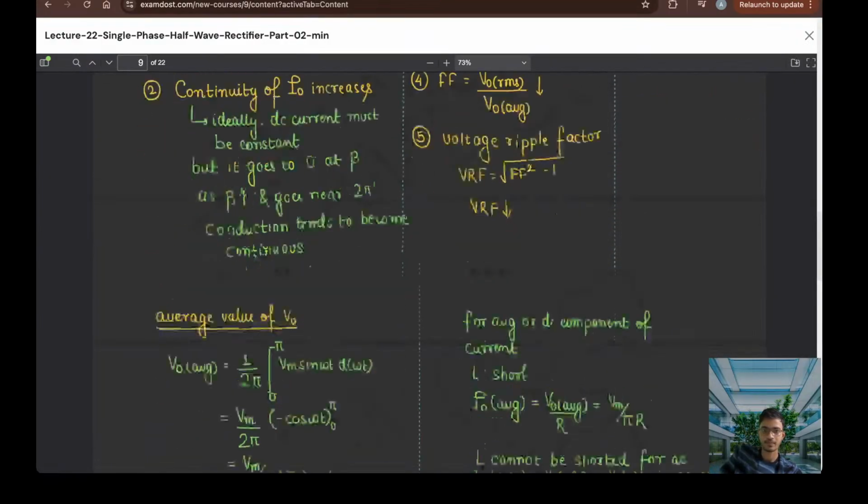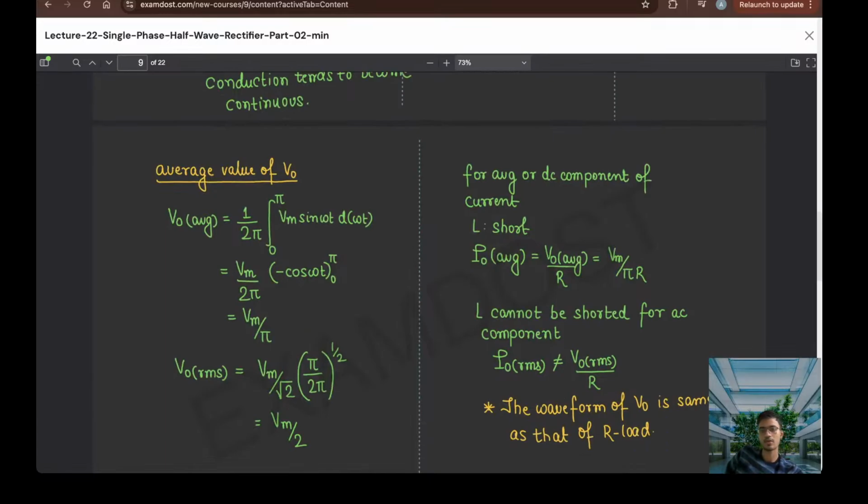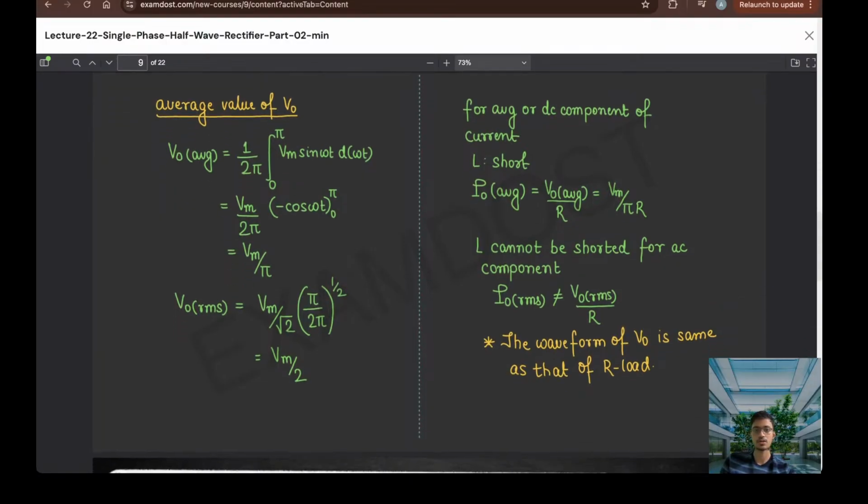So it is clear. I naught average we can calculate, because the inductor is short for DC, so Vm by pi divided by R. The inductor cannot be shorted for the AC component, that is the RMS one.